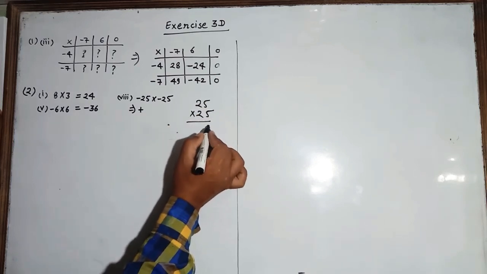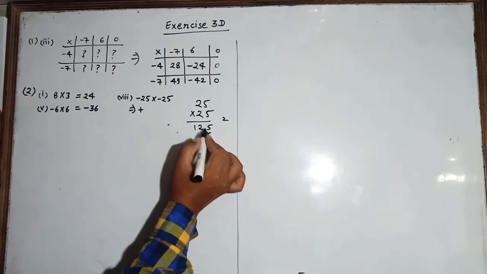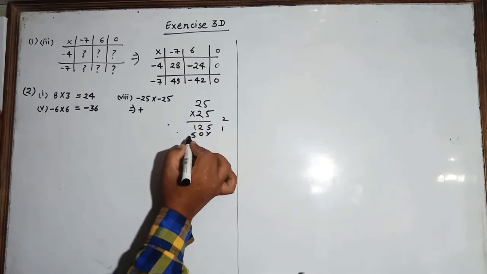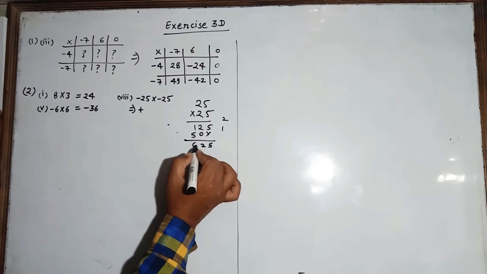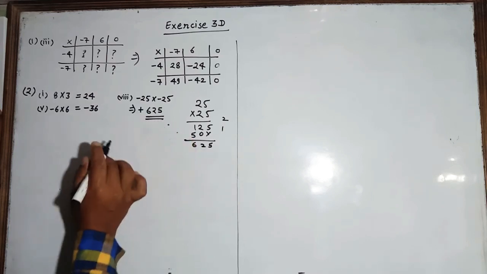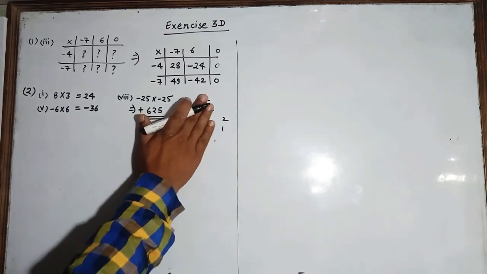It will be 5 5s are 25, carry 2, 5 2s are 10 plus 2 is 12. Then into 2: 5 2s are 10, 0, carry 1, 2 2s are 4 plus 1 is 5. So it will be 625. Simply you can write 625 here. Like this you can do.